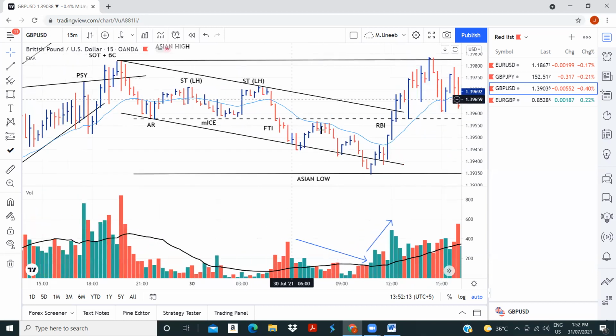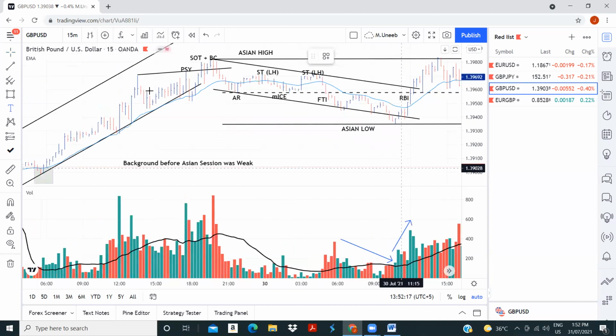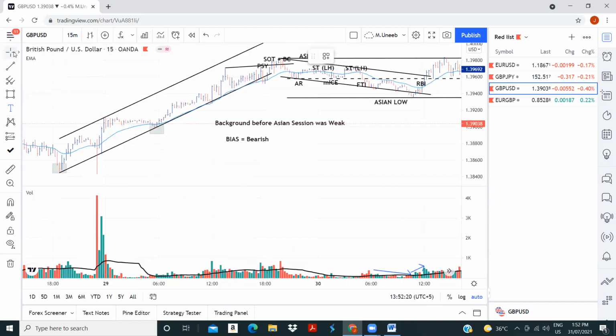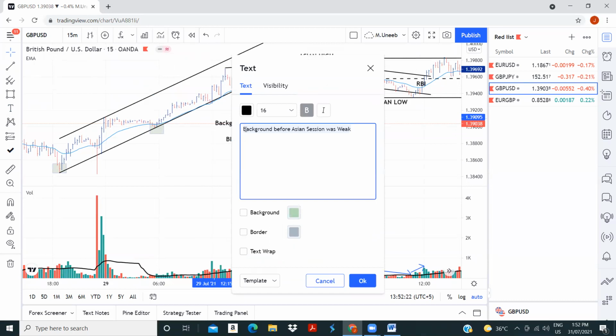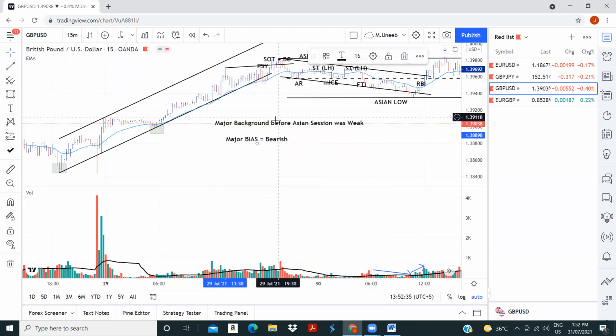Asian low. Okay, so what do we notice here? Now we have our major background. Our major background was weak, and major bias is bearish. You know that.